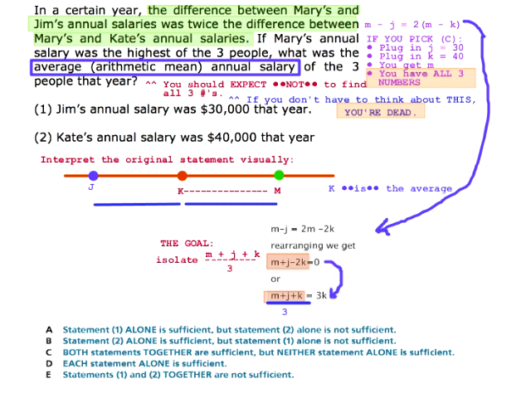You can realize that K is the average of the 3 quantities. And this is not beyond craziness, as long as you have the clear goal of getting m plus j plus k on one side of your algebra.